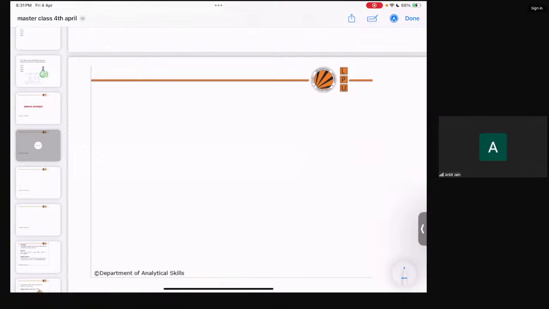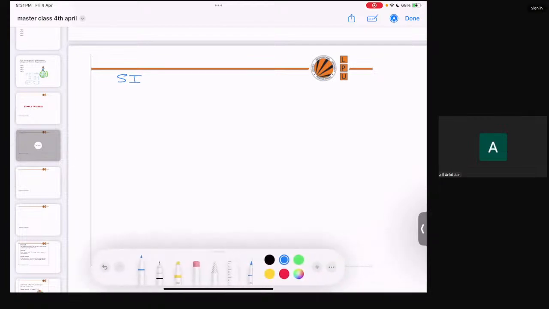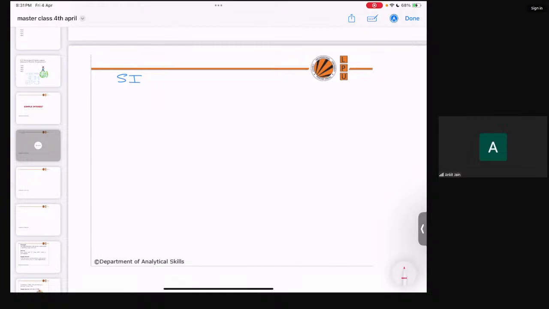Okay. So what is simple interest? Any one of you can answer. What is simple interest? Or what is the difference between simple interest and compound interest?